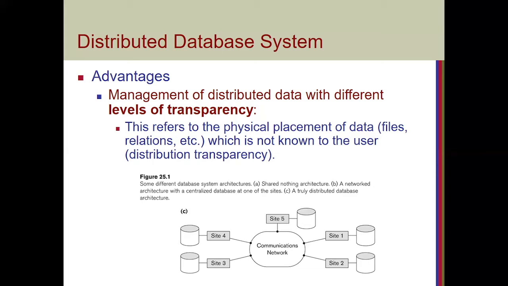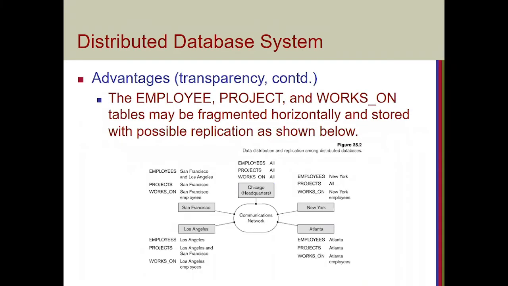A user in Nairobi, for example, if the main database is in Mombasa, should not think about the underlying network or the underlying database management system implemented in Mombasa; all they need is to get the data that they require. So distribution transparency is very crucial, and it's one of the advantages. This transparency has been talked about, looking at the operating system, where middleware offers this kind of transparency.